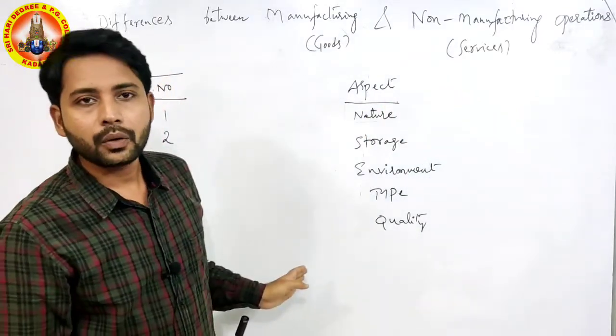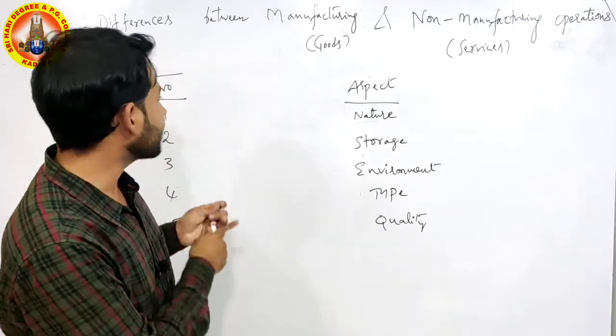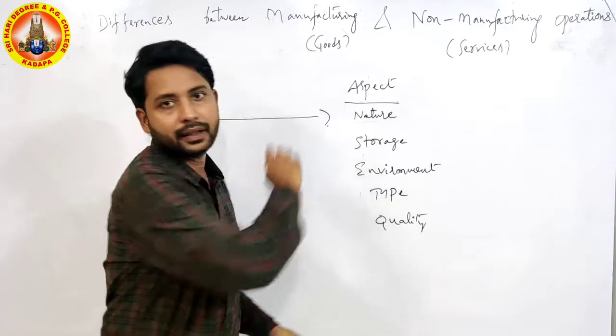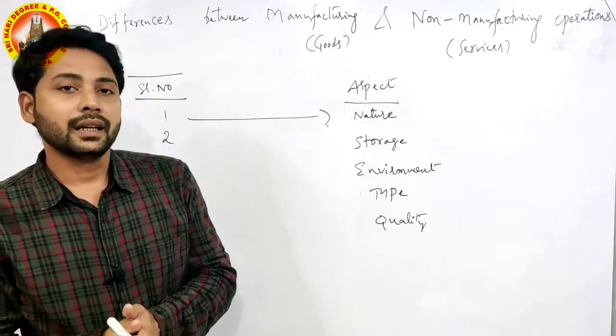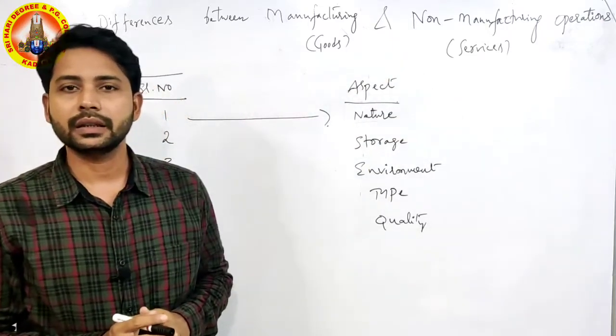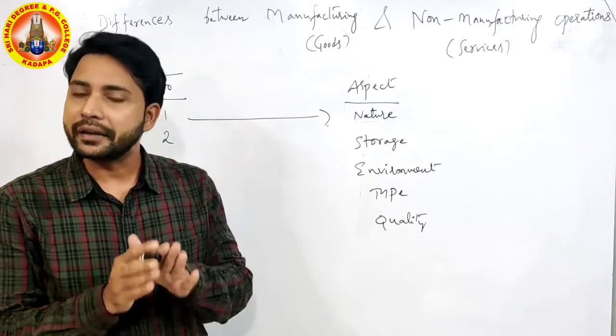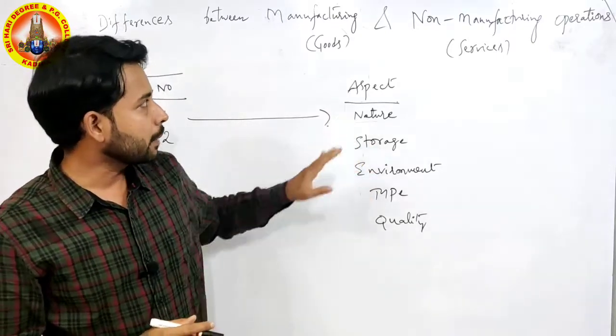I'll explain from aspect to aspect. The first aspect is nature. A good and a service are completely different by nature.